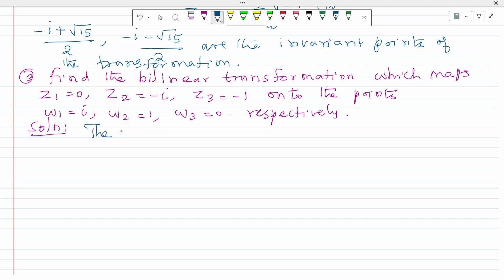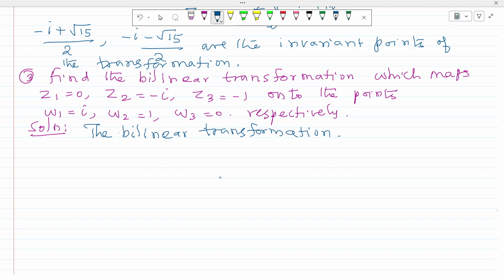The bilinear transformation is W equal to (az plus b) divided by (cz plus d), where ad minus bc is not equal to 0. That is a bilinear transformation.